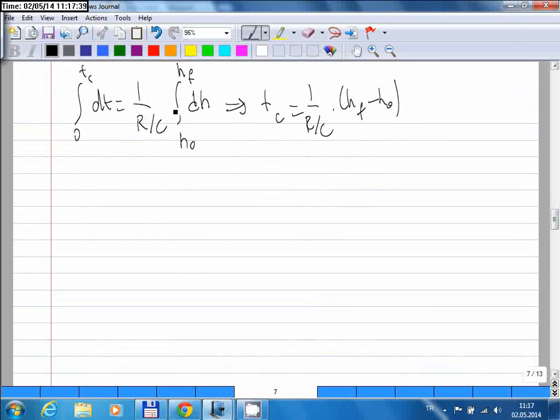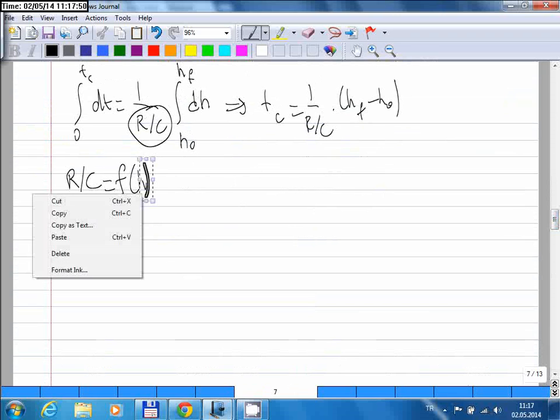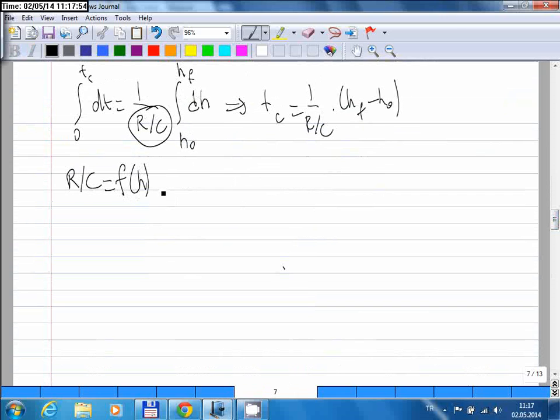To be able to find the actual answer, you need to find an expression for rate of climb as a function of altitude, right? You need to be able to write rate of climb as some function of altitude so that you can put it in the integral. That can be done if you just use the equations. The only difficulty there is normally you can find the excess power as a function of air density, right?